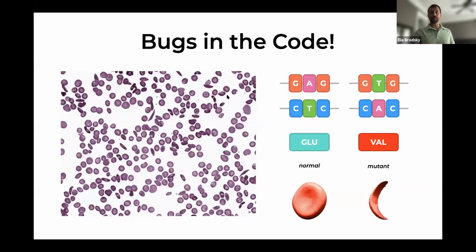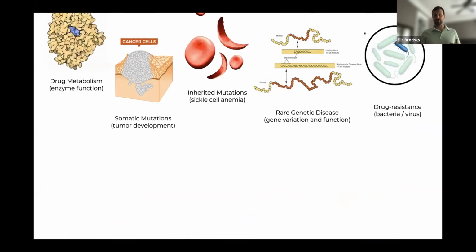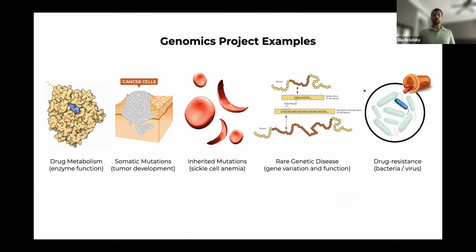These bugs in the code could result in major changes that are associated with a few different important biomedical challenges. And these include drug metabolism. For example, the function of different enzymes that process the drugs that are prescribed to patients. That could result in patients being non-responsive to treatment, or maybe even having a toxic reaction to a treatment.